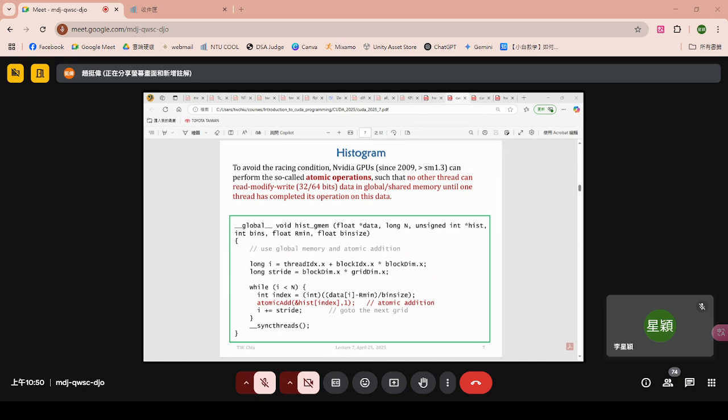So what's the range of the input data? It's R min and R max. And then enter the number of bins of the histogram. Since you already input R min and R max, once you give how many bins, I know the bin size, which can just be computed like this.